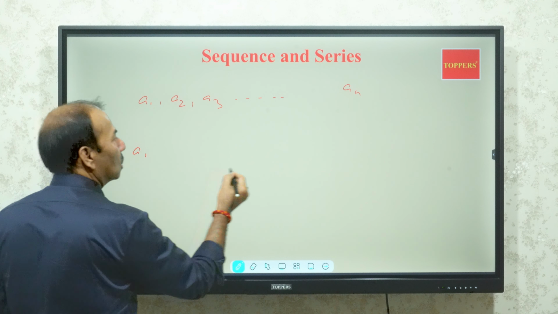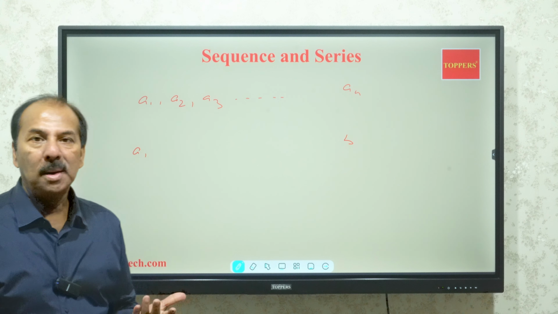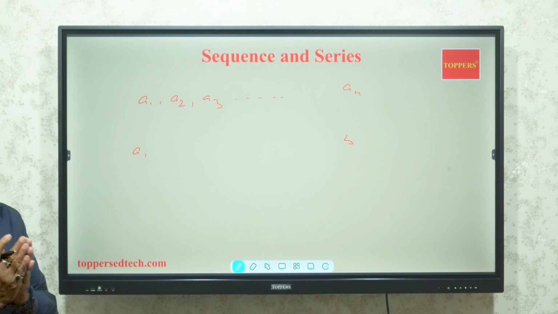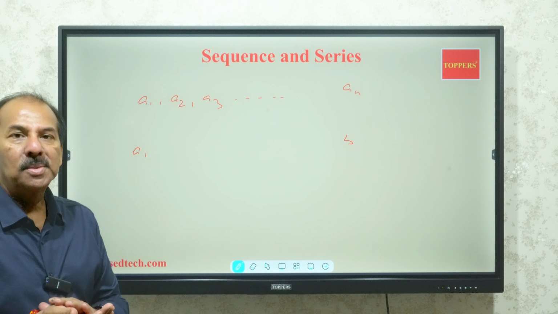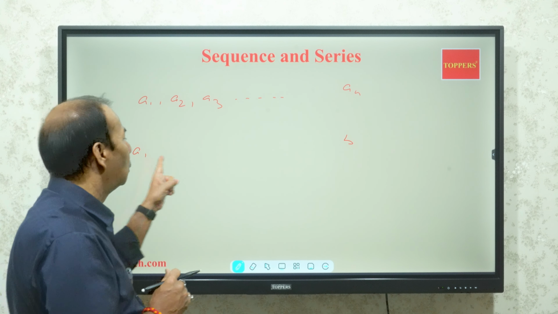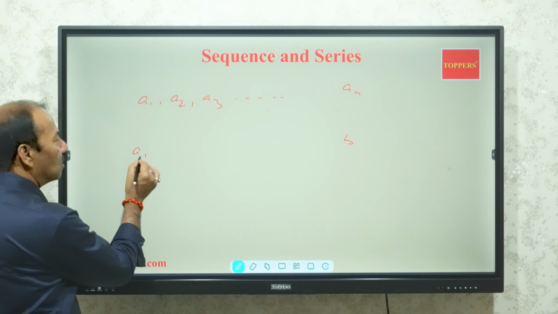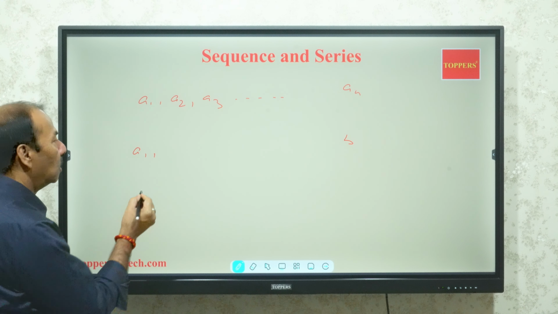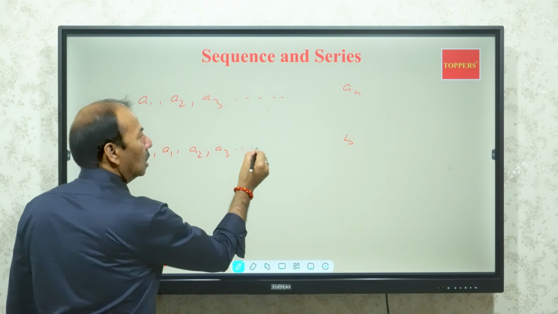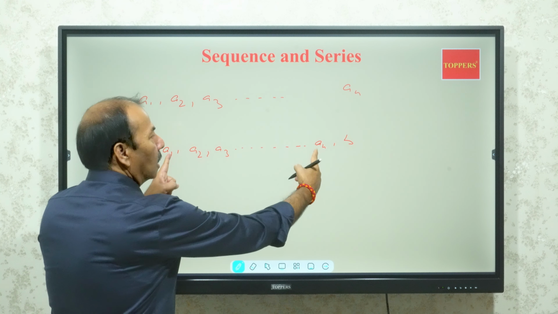Suppose we have two terms a and b, where a is the first term and b is the last term of an arithmetic series. Now we want to introduce n arithmetic means between a and b, which means we want to develop a sequence. Let the first term be a, and the arithmetic means we introduce be a1, a2, a3, up to an.